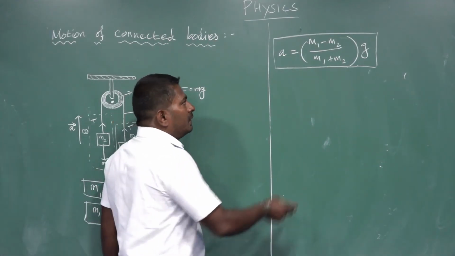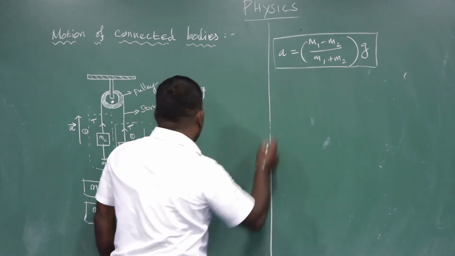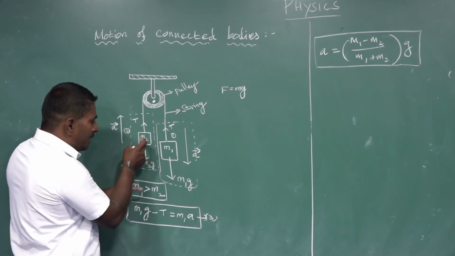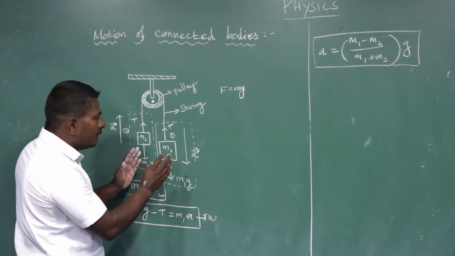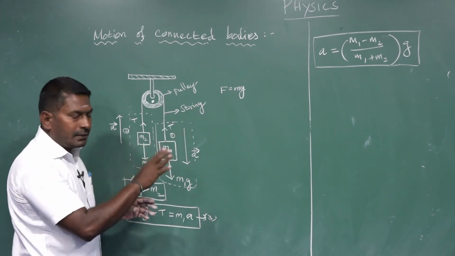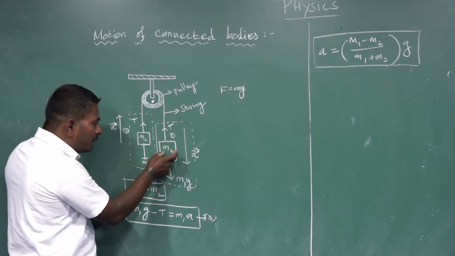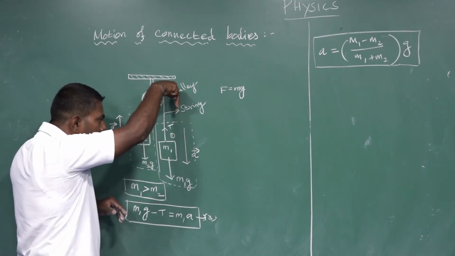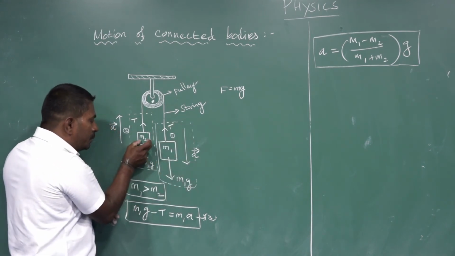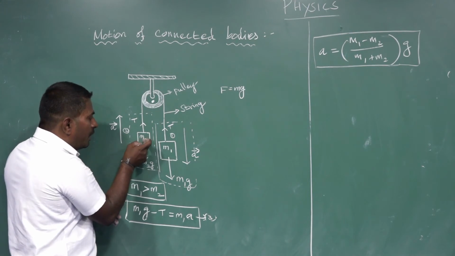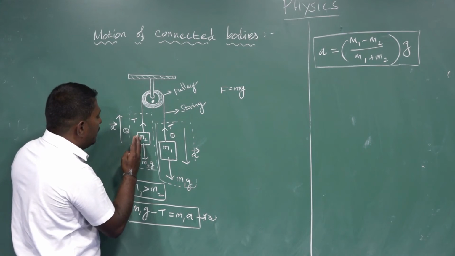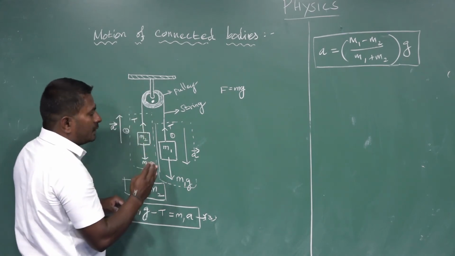So see, students, this expression is the acceleration of both the blocks, the block of mass M1 and the other block of mass M2. Both blocks are set into acceleration with the same magnitude. That's important. The M1 block is set into acceleration vertically downward towards the negative y-axis, but the second block of mass M2 is set into acceleration with the same acceleration towards the positive y-axis.